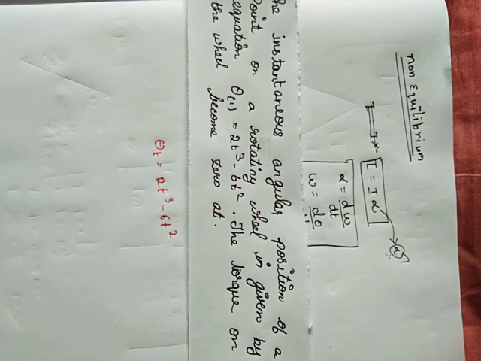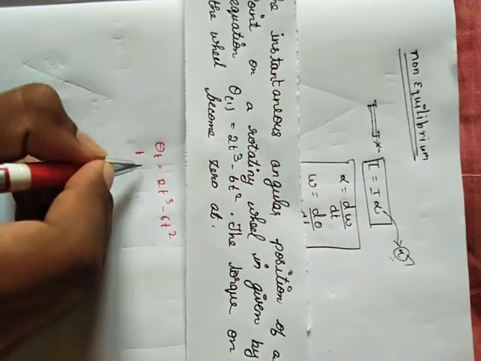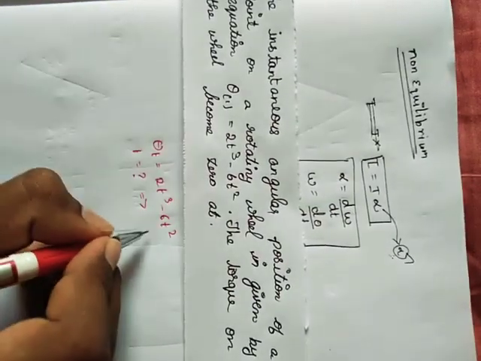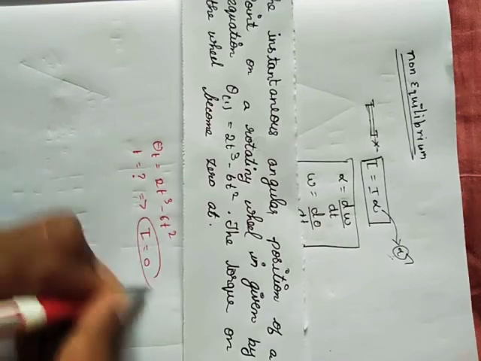The torque on the wheel becomes 0 at. We need to find at which time the torque becomes 0. This is the question.